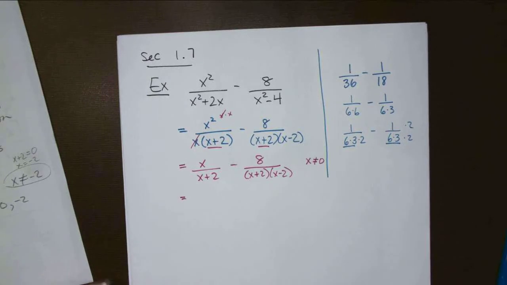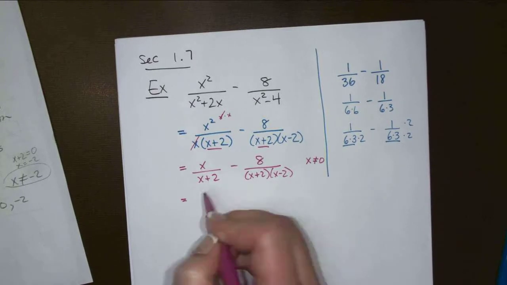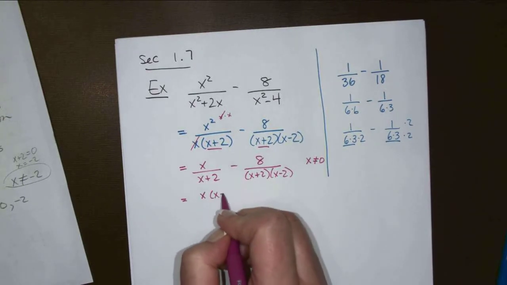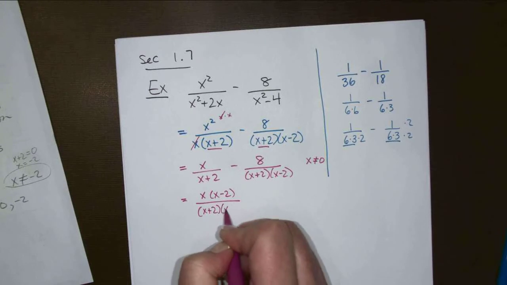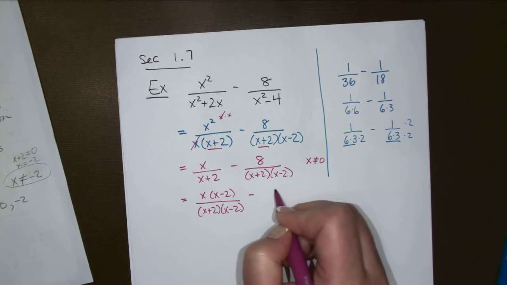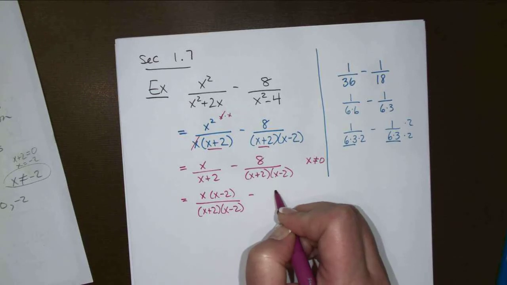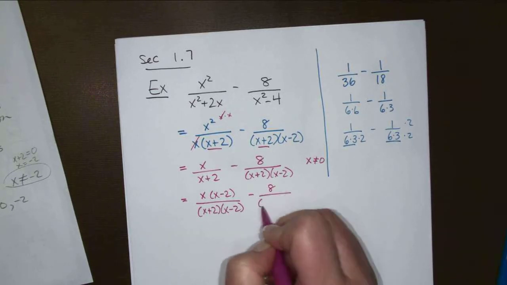Okay, now common denominator. What do we need to do? Multiply the first one by x minus 2, on top and bottom. The second one, nothing. It's already okay. It already has the 2 factors.